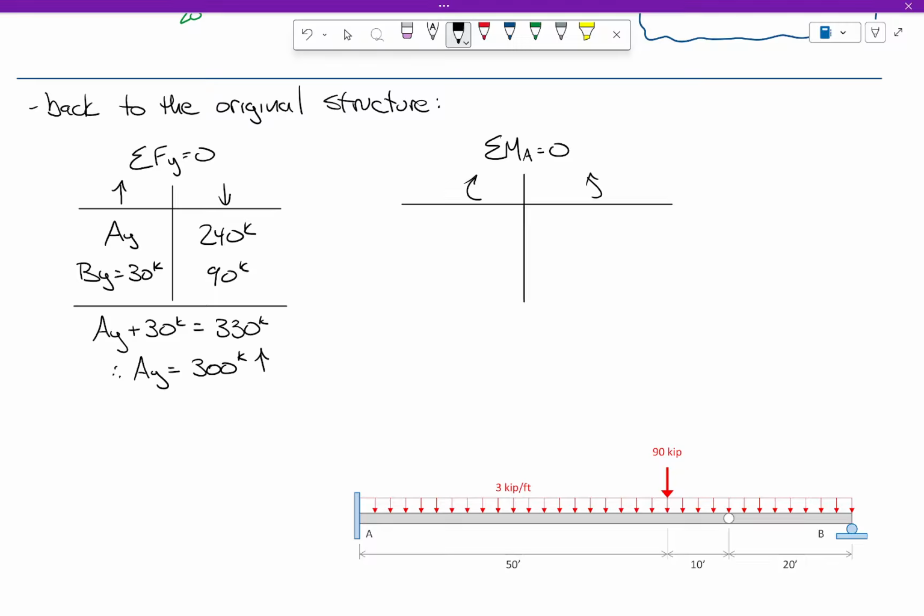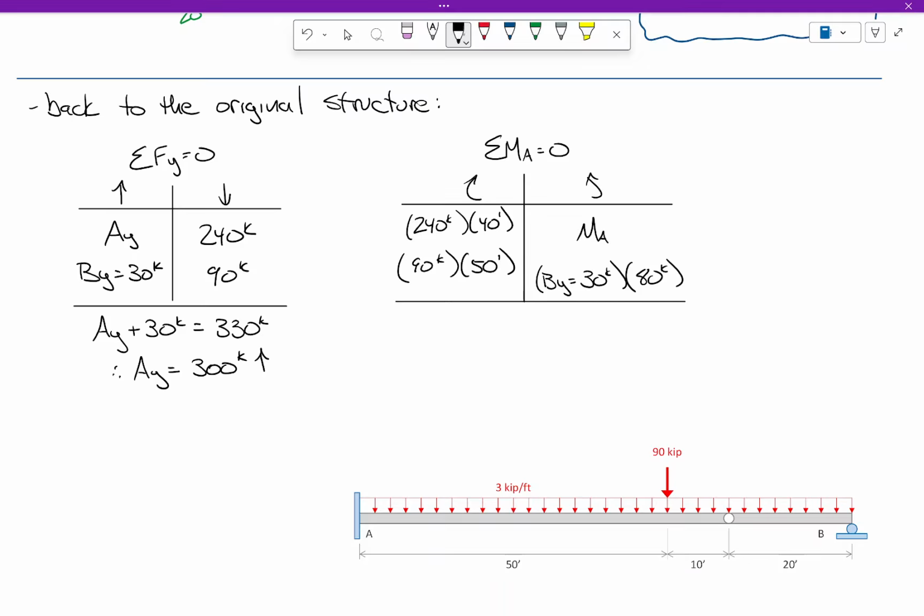So we have MA, and then this is 240 times 40. So let's see, this is 2400, this is 9600, this is 4500.